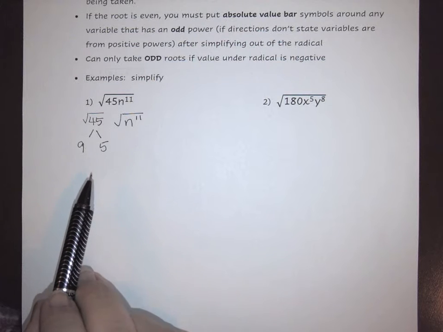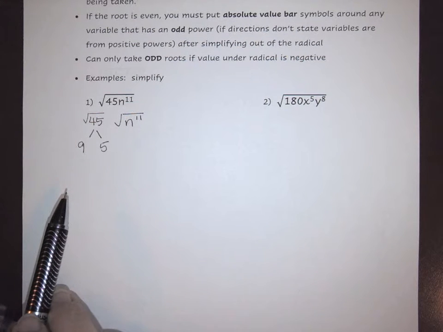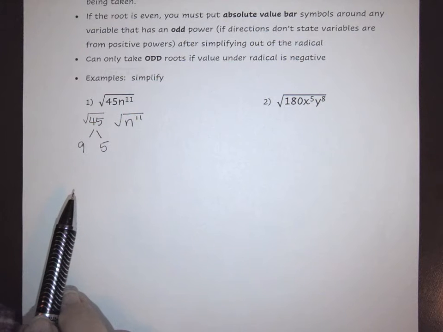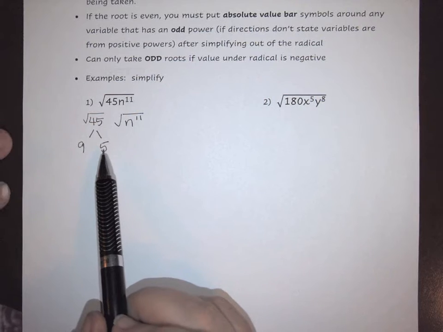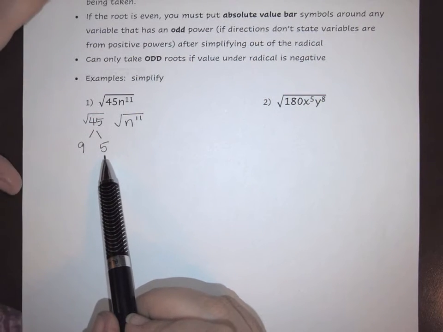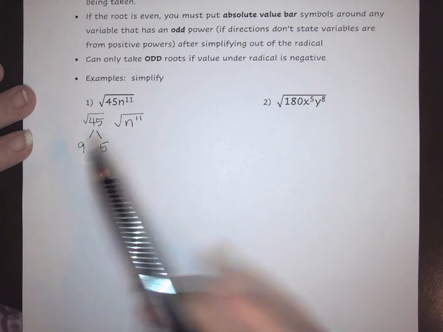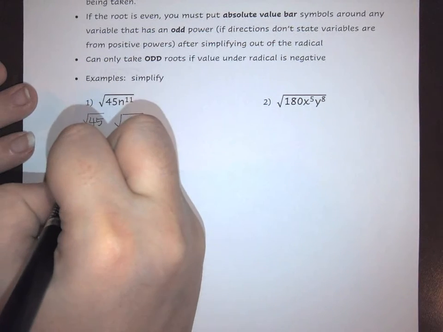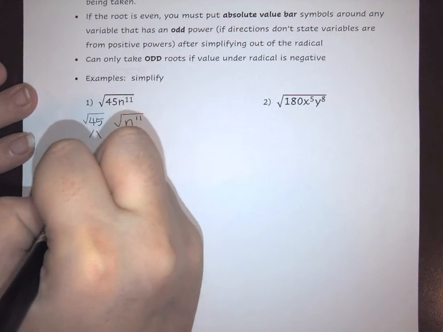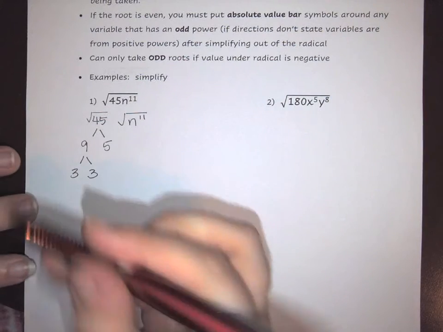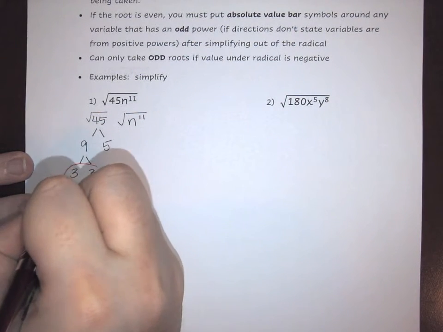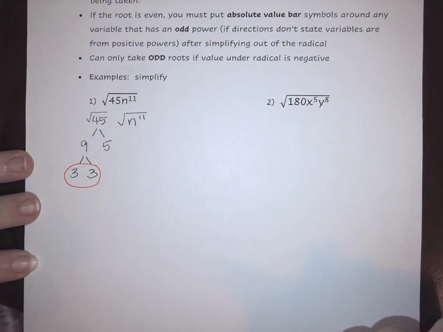So I have to keep going and factor everything down as far as it can go to see if I can find my group of 2. Well, I know the 5 is not going to break down any further, but the 9 does, and 9 breaks down into 3 times 3. And when I look at that, notice I now have a group of 2 identical factors that are the same value.